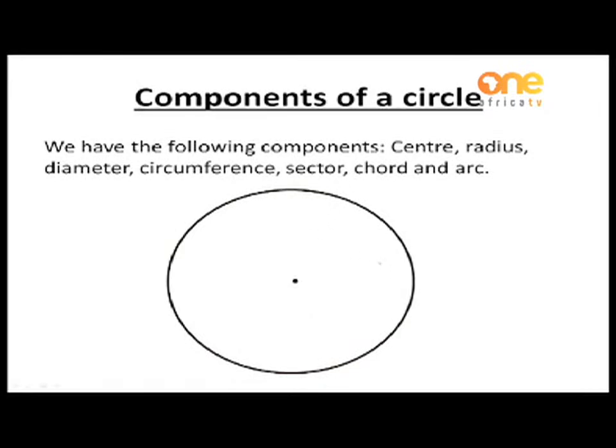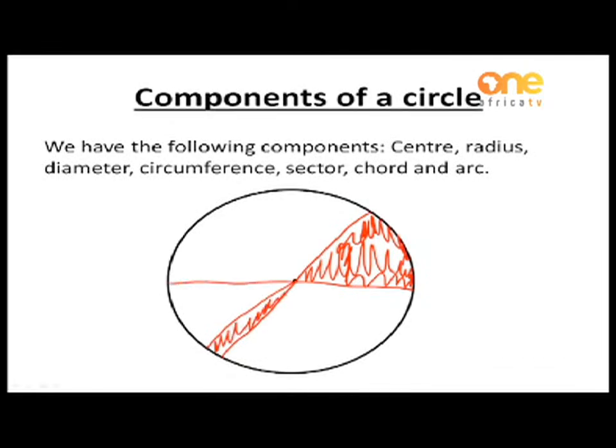A sector of the circle is the area enclosed by any 2 radii. So imagine you have 2 radii. That's the area enclosed by them and the outer edge of the circle. Another example of a sector would be this.